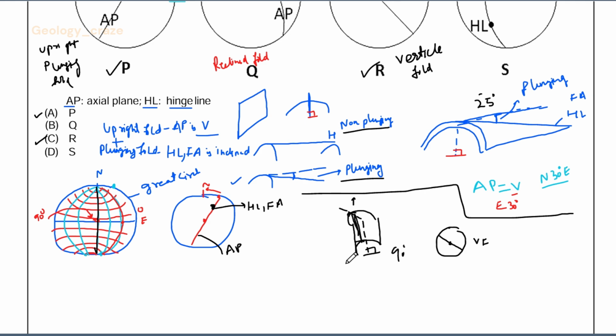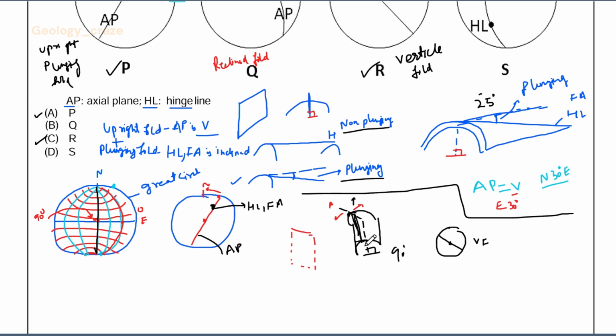This is a vertical fold. I have to incline this fold, meaning this axial plane that I have constructed like this. Here it is vertical, I have to incline it. To incline it, I have to tilt it either in this way or in this way for the axial plane.